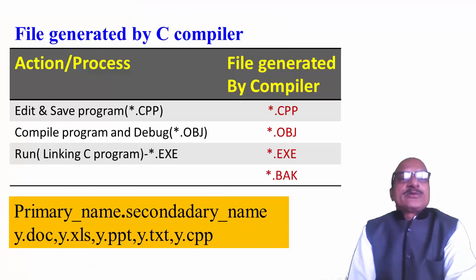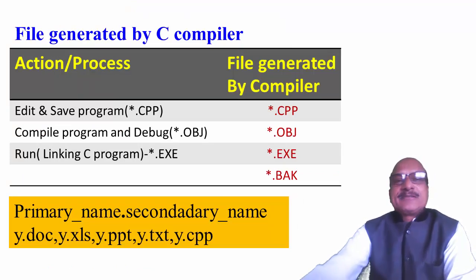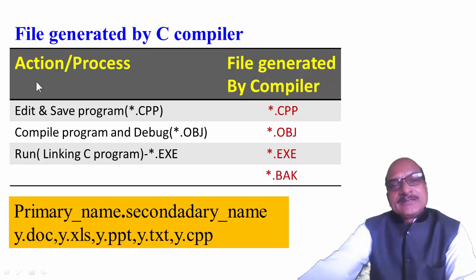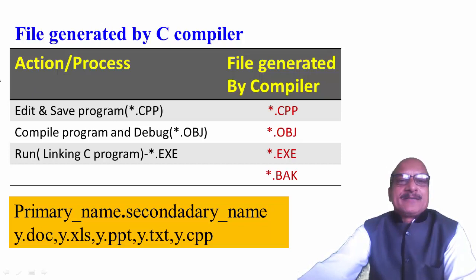Now it is to be noted that when you are using a C language compiler, different files are generated by the compiler. These files are, when you edit for the first time, means you type a program and save that program, the file is saved under the extension .cpp.